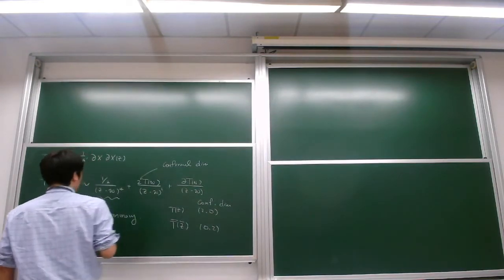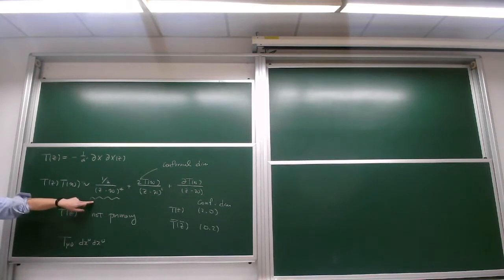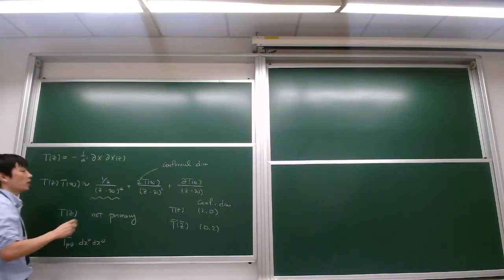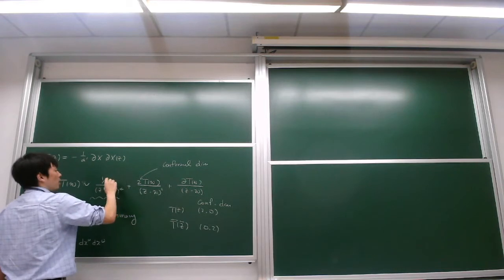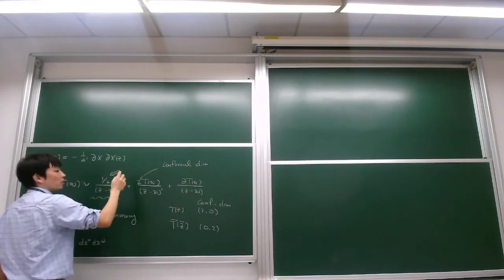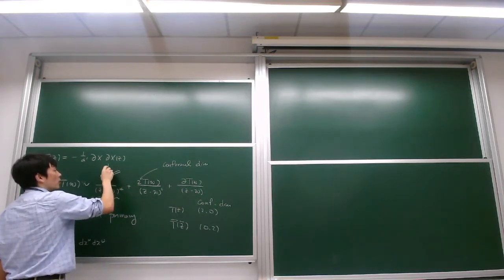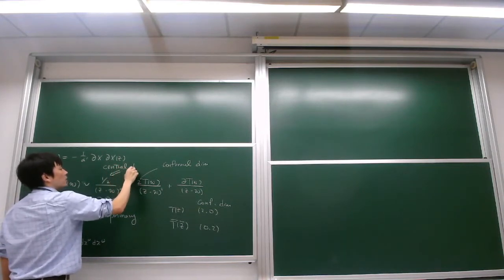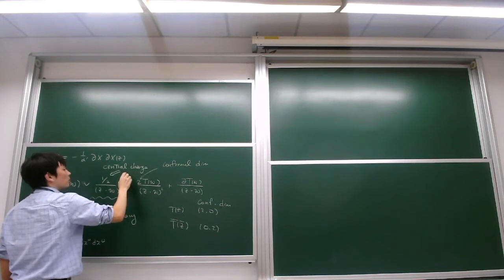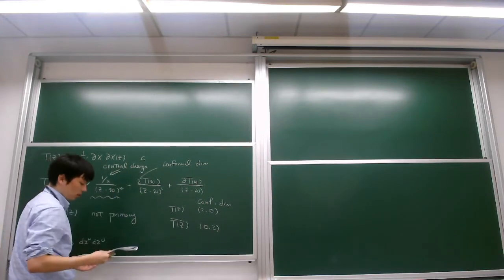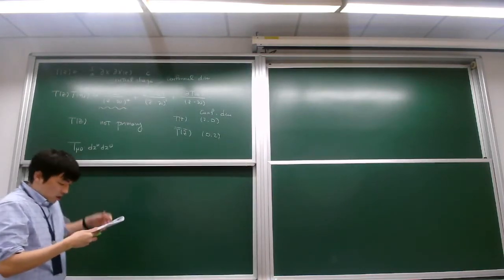Even though this term means the stress energy tensor is not primary, it encodes very important information, the so-called central charge, which I'm going to explain. The central charge is usually called c.